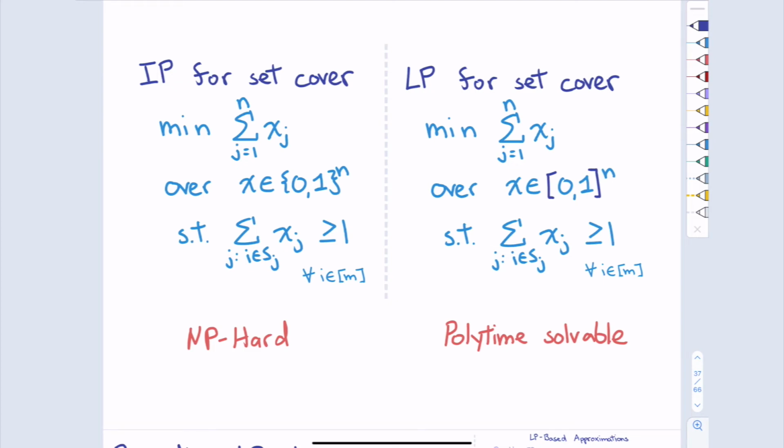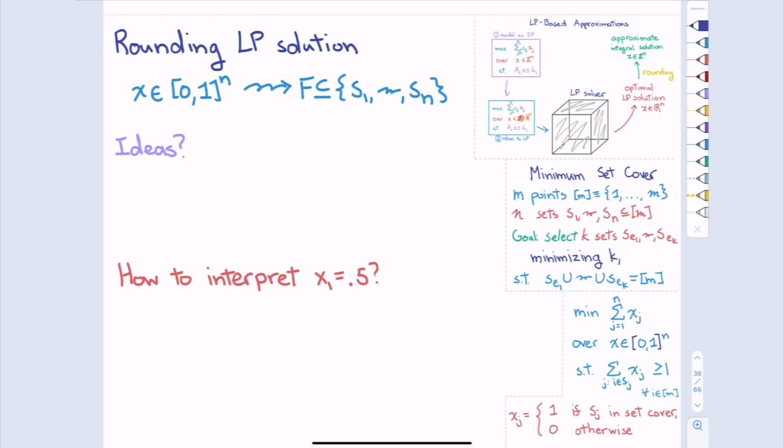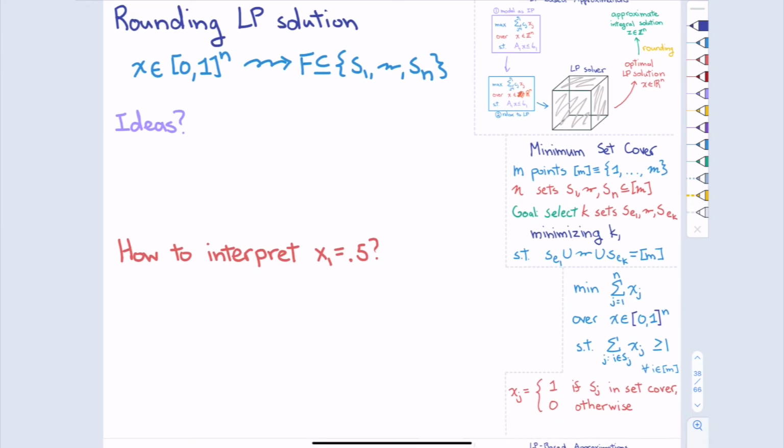One of these we want, one of these is solvable. Great. All right, here comes the fun part. The LP gives us a fractional set cover, so to speak. I want an integral set cover. How might I round it?